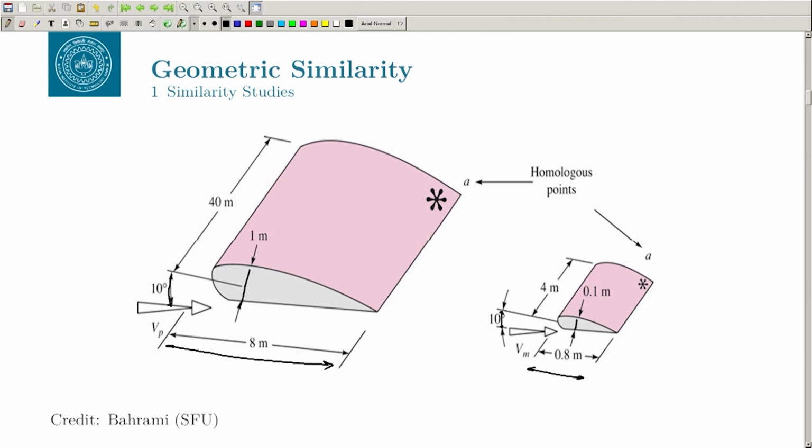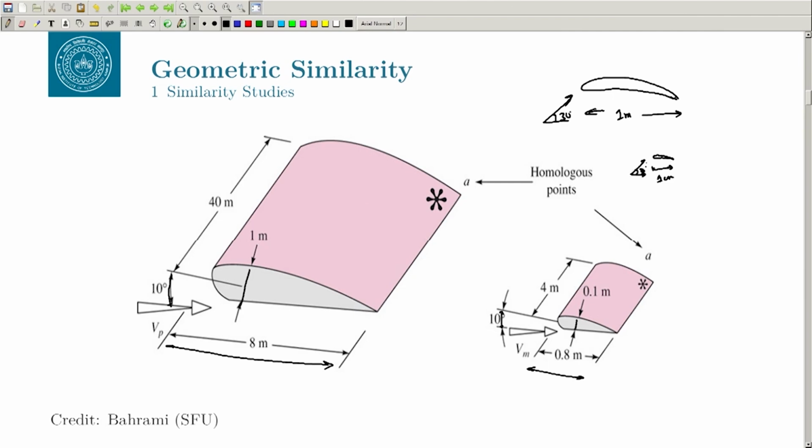Let us say you have an aerofoil with a chord length of 1 meter at an angle of attack of, let us say, 30 degree, and you are trying to have the geometric similarity of 1 by 100. Then you will have a small aerofoil which is 1 centimeter, and the angle of attack should be the same, which is 30 degree.